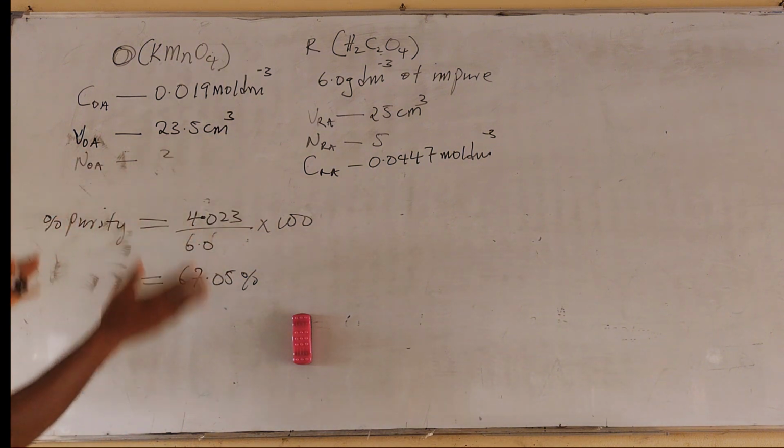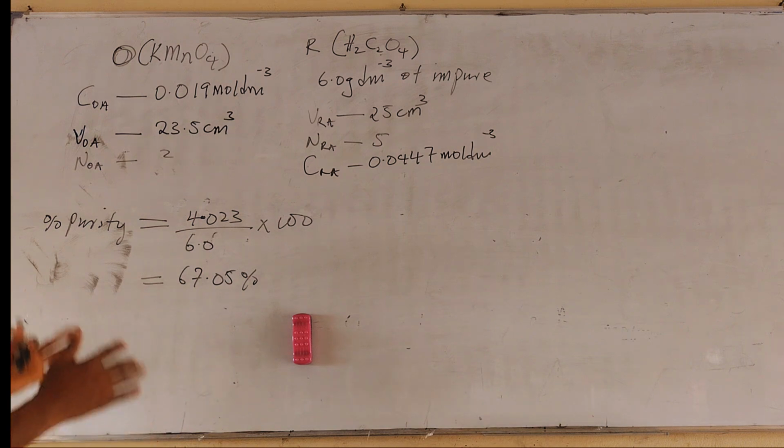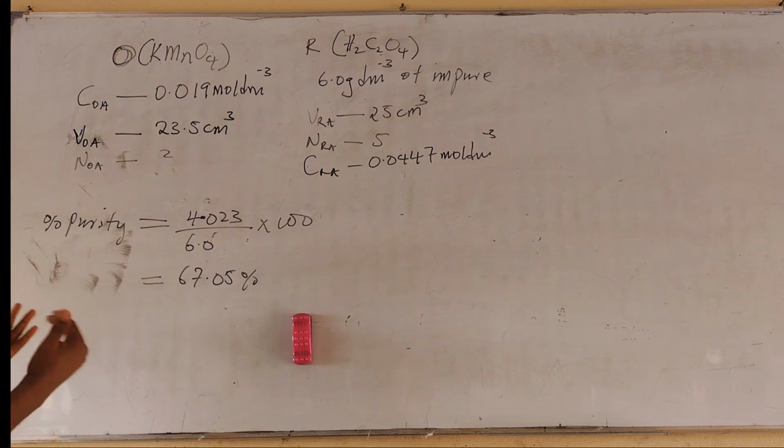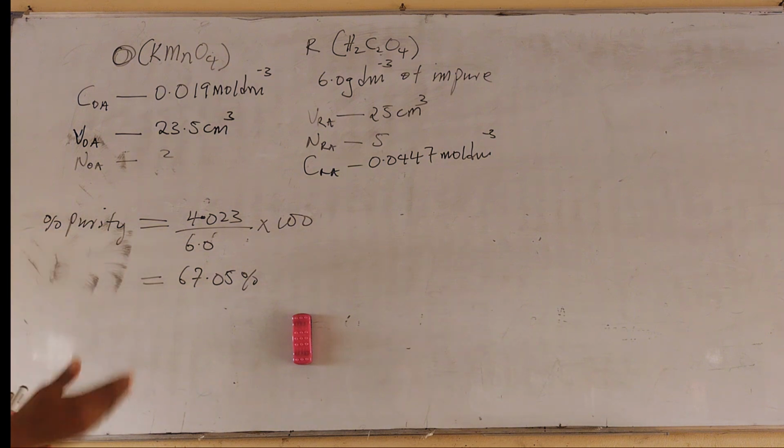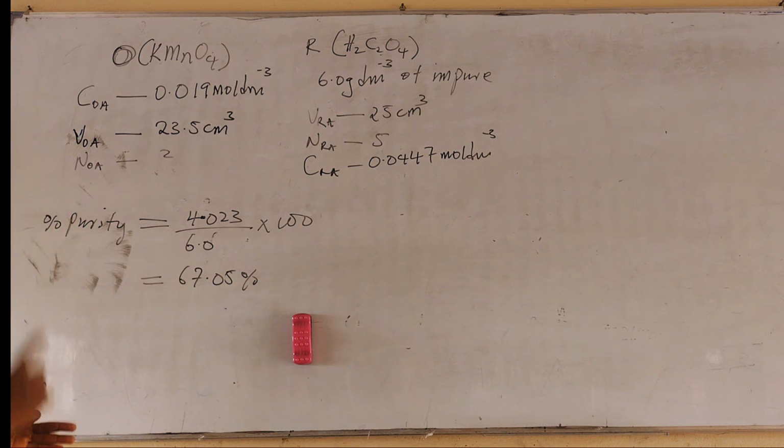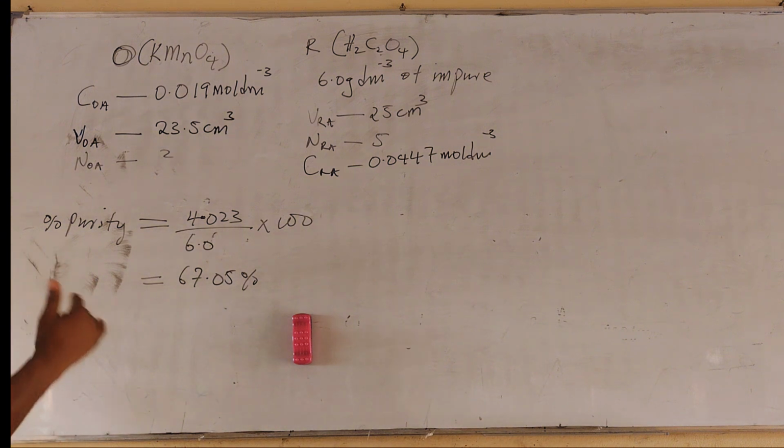All these things we've done, they never asked us to do them, but we should understand from the basic principles of calculations that you cannot get your percentage impurity without knowing the mass concentration of the pure, without knowing the molar concentration of the same ethanedioic acid, without knowing the percentage purity. All these steps are there. So it may look simple when you look at it from the onset, but all these steps are there. But once you miss any one, you're out of the game.